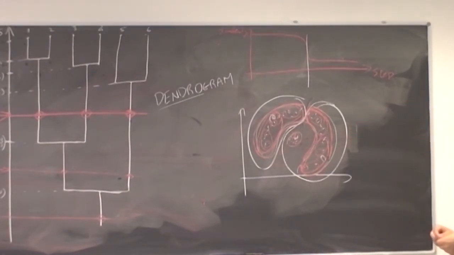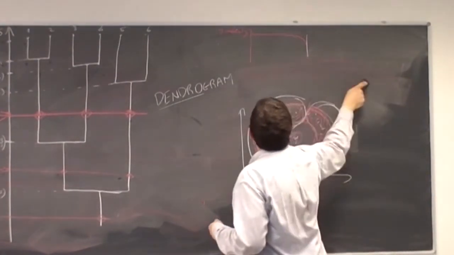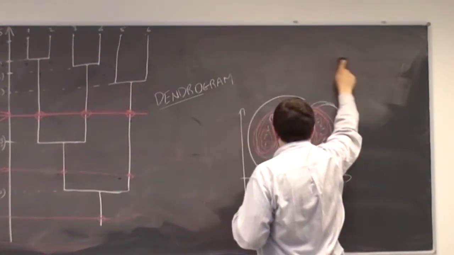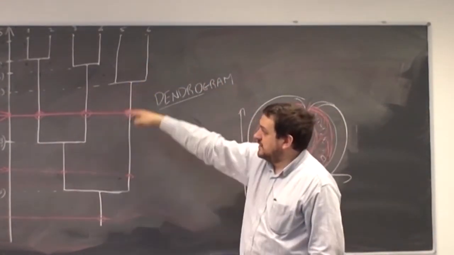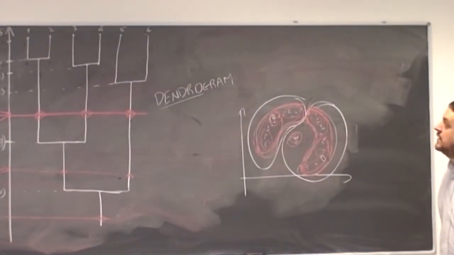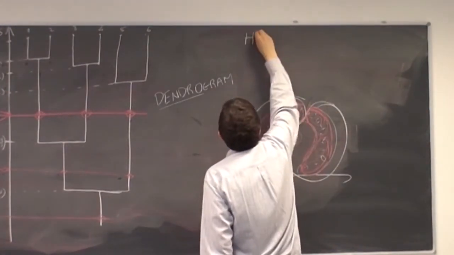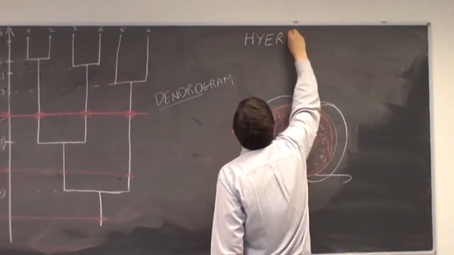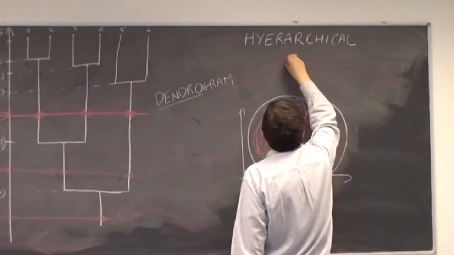So, by the way, I don't remember if I told you the name of the algorithm. No, probably not. So, usually we call the algorithm that starts with singletons and joins them together hierarchical clustering.